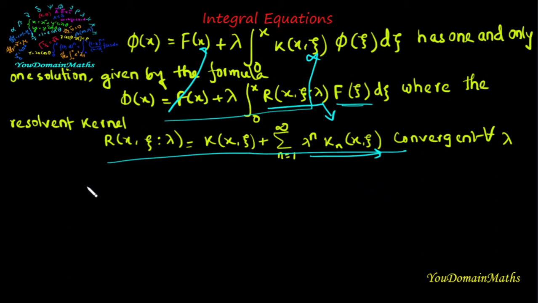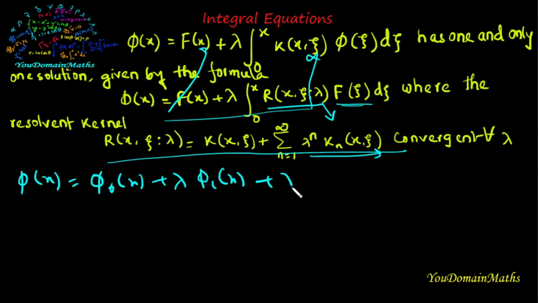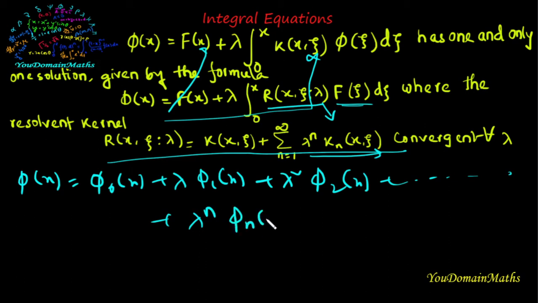For determining the solution of an integral equation in the form of an infinite series, we say infinite series solution, that means phi naught of x plus lambda phi 1 of x plus lambda square phi 2 of x, and the nth term of this is phi n of x. This is the infinite series, and this is the solution of equation number one.